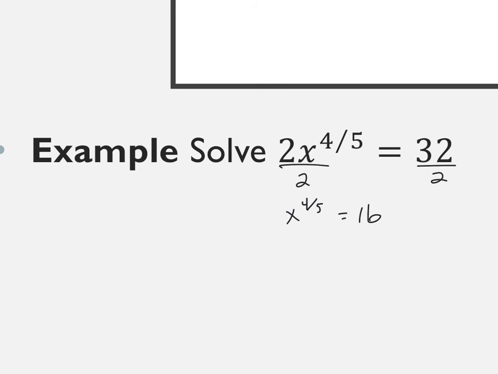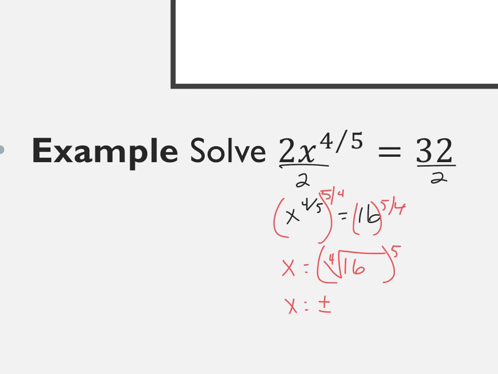Now just like we did before, we are going to do the reciprocal power of 4/5, which is 5/4. So we'll have x equals the 4th root of 16 all to the 5th power. Now, because it is a 4th root and it is an even root, we will need a plus or minus in our final answer. And the 4th root of 16 is just 2.